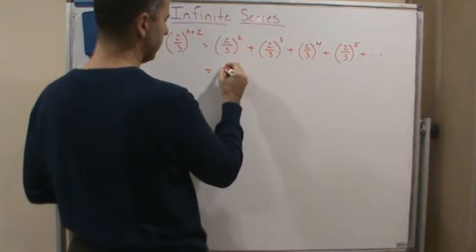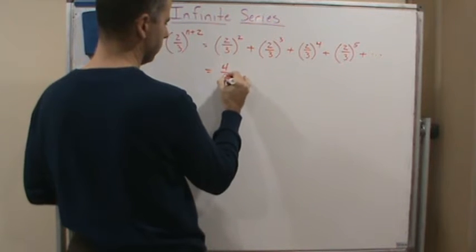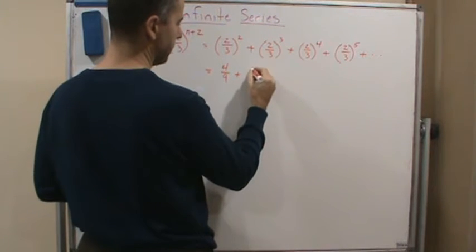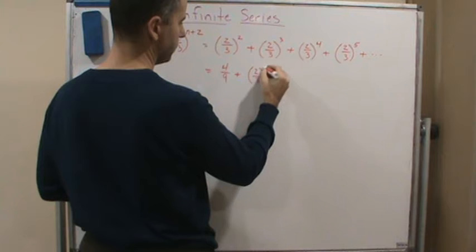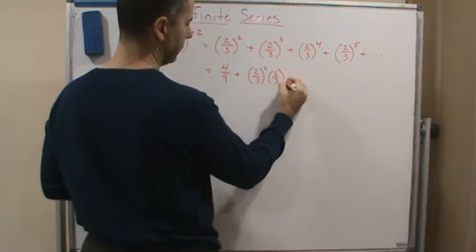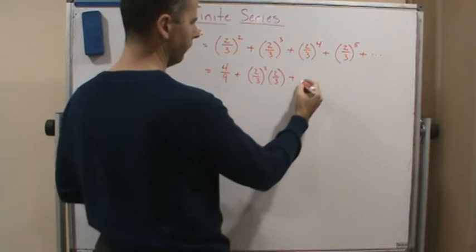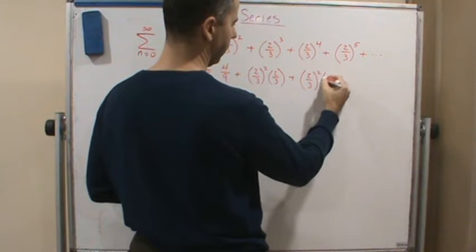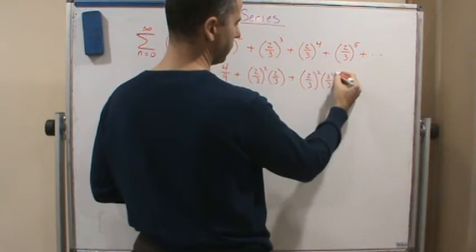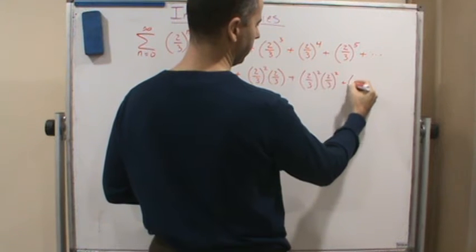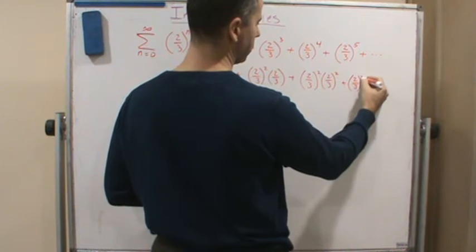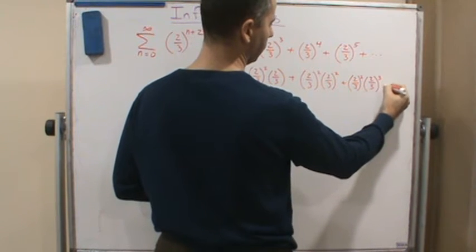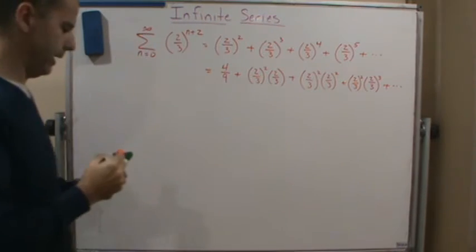So I'm going to write this. This is going to be 4/9, right? And what I'm going to do is split this up as 2/3 squared times 2/3. And this is going to be 2/3 squared times 2/3 squared plus 2/3 squared times 2/3 cubed, and so on.